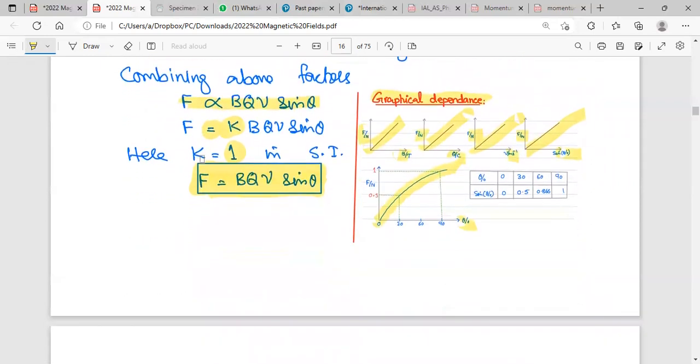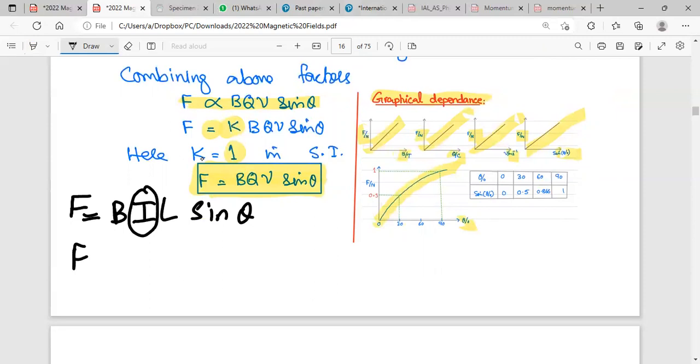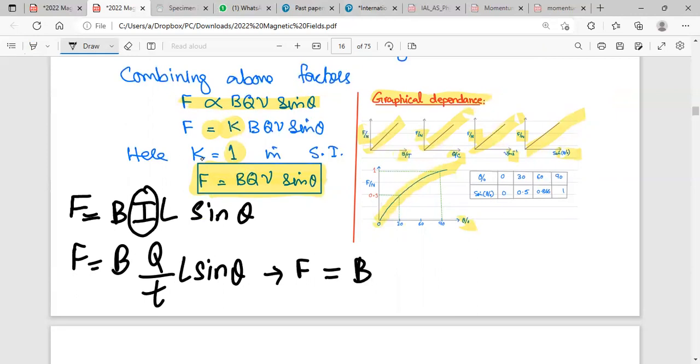Okay, there is another way to derive this expression. You know that the force for the current carrying wire is like this when it is placed in the magnetic field, and you already know what I is equal to. So I is equal to Q by T, because it is the rate of charge flow. So now what we can do is F is BQ and then L by T sine theta.